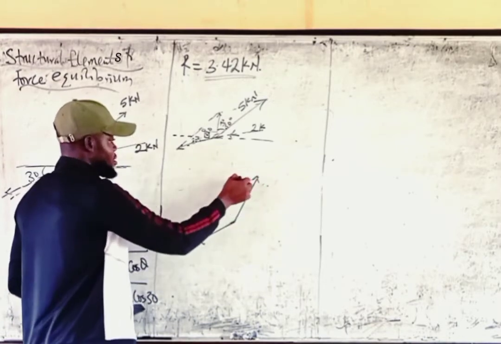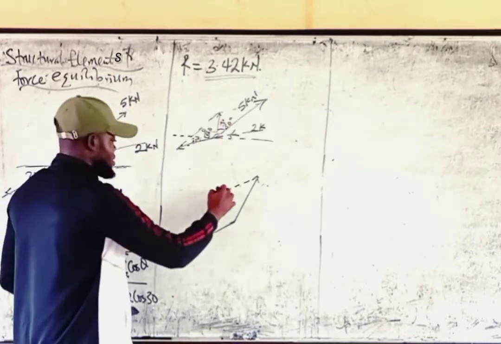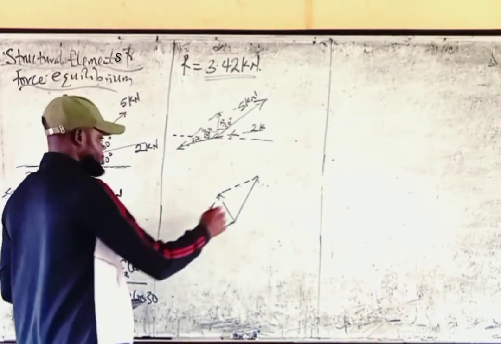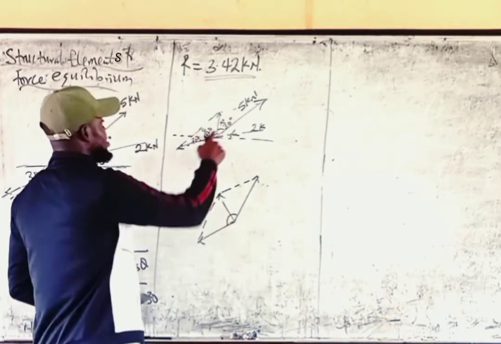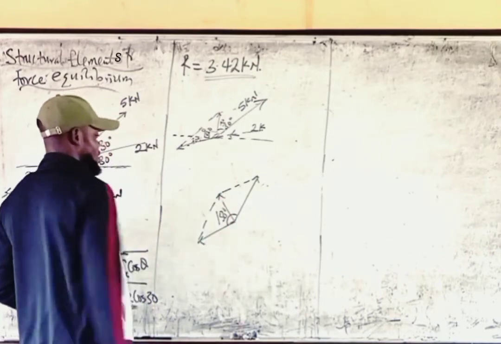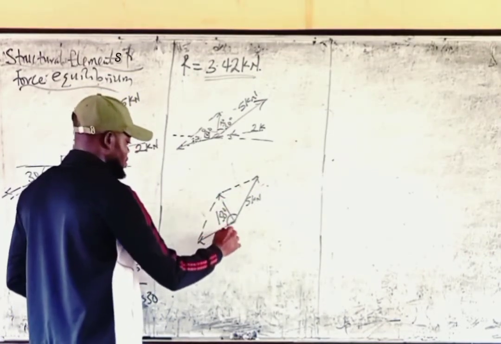So this will be the resultant. For that, 30 plus 30 is 60, plus 90 is 150 degrees. This one is 5 kilonewtons, this one is 2 kilonewtons.